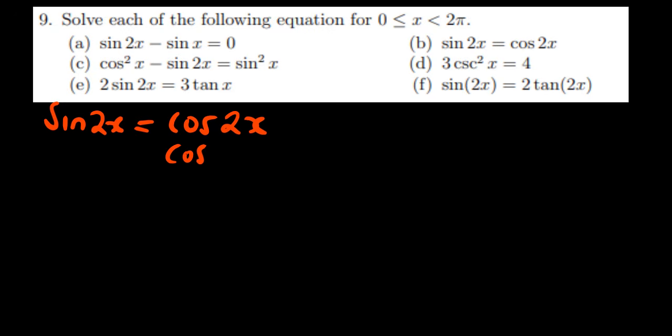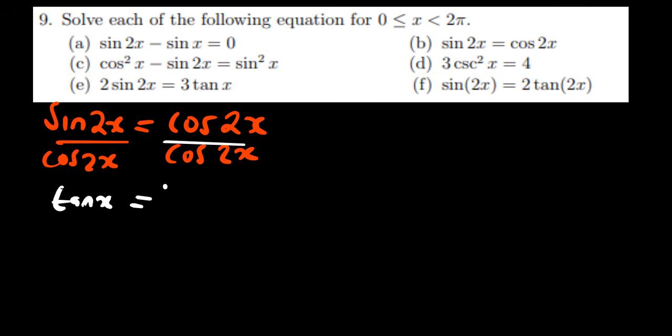If I divide by cos 2x on both sides, on this side I'm going to have tan 2x equals, on the other side this will just give me a 1. Okay, so we've got tan 2x, or tan theta, equals 1.